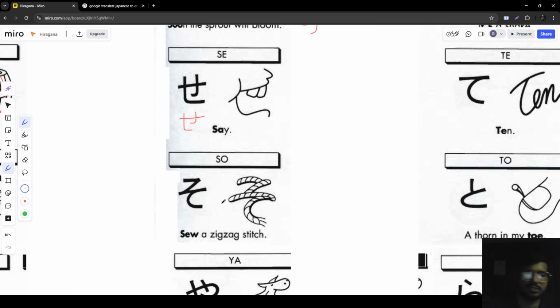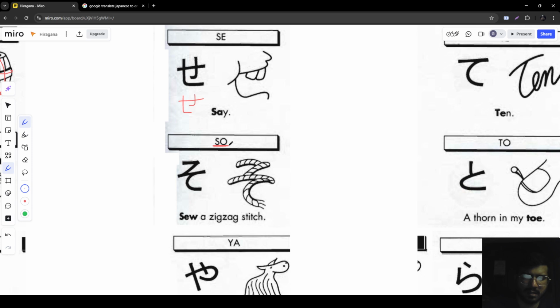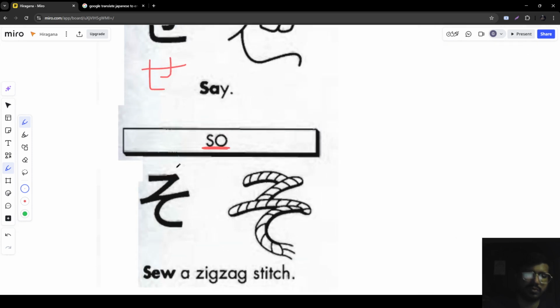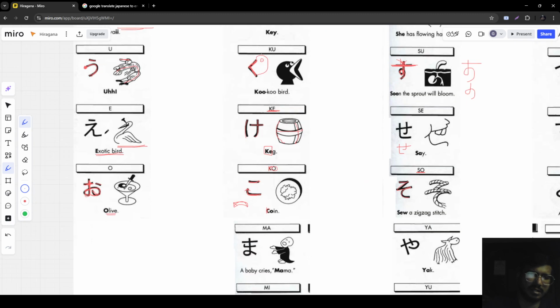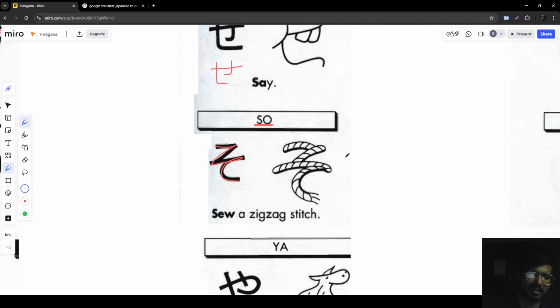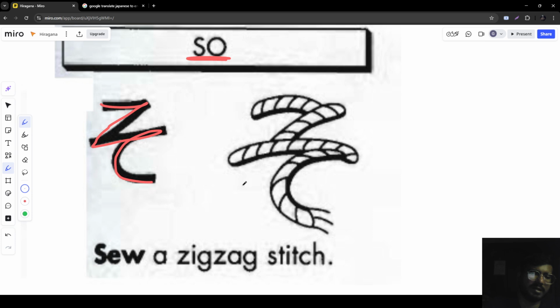The next one is so. This is similar to a, isn't it? It looks somewhat similar, but you have to differentiate. How would you differentiate? Remember it as a sieve, a zigzag sew. You sew it this way, this way, again this way.